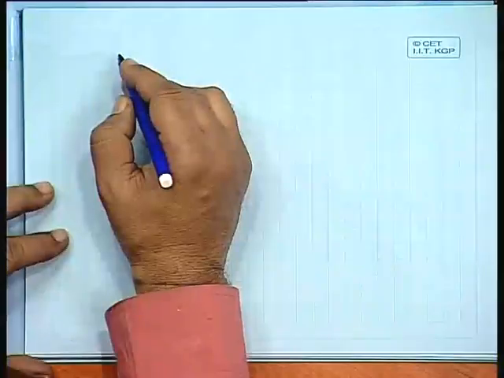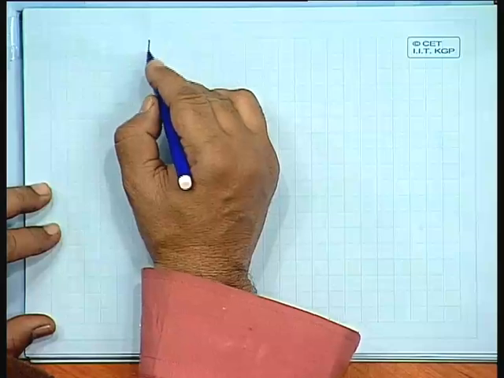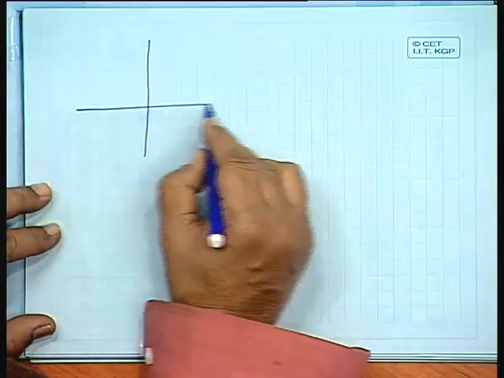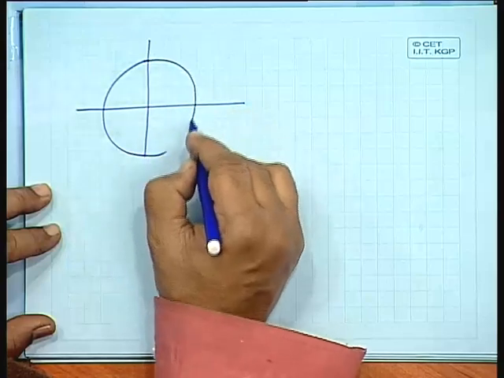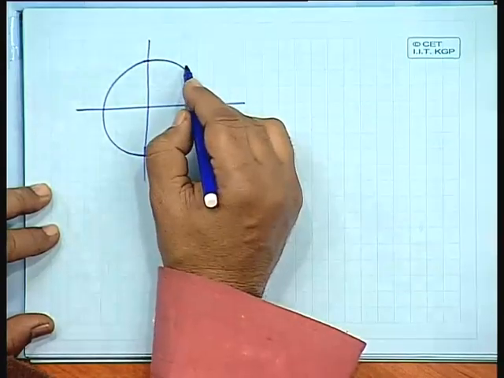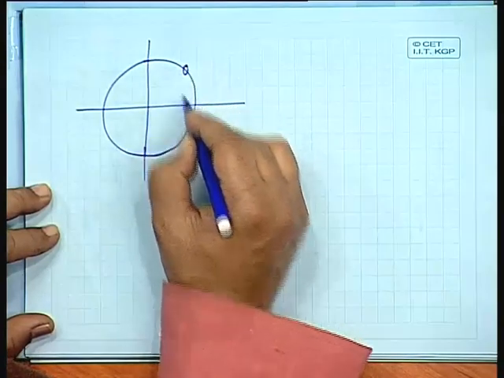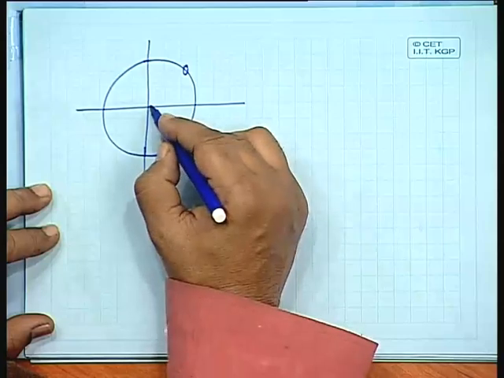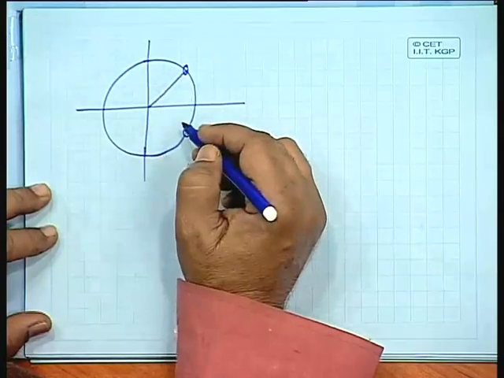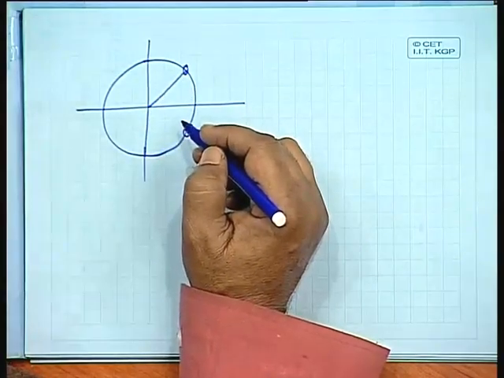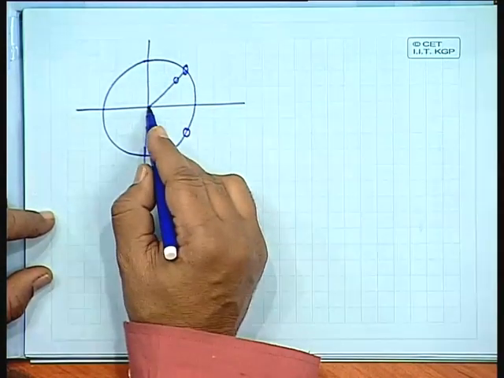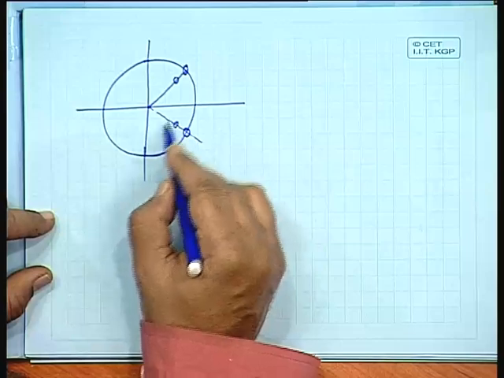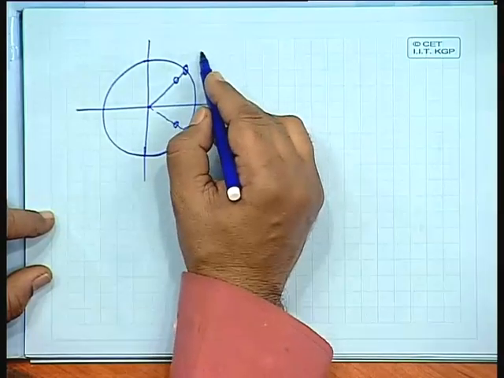Next, let us take up a pair of roots. Suppose we have two zeros here. We take this distance as r, it can be anywhere inside or on this or maybe outside.